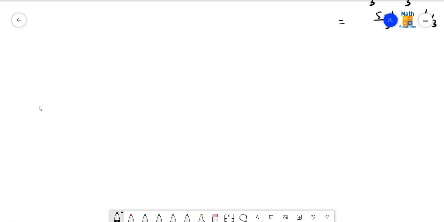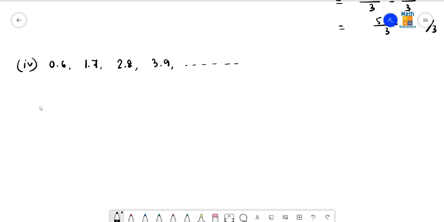Next, let us come to the next number. Here the given AP is 0.6, 1.7, 2.8, 3.9, continuation. So in the solution part, what do I get?